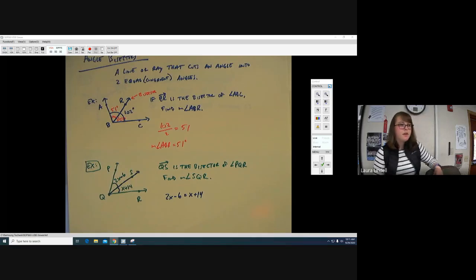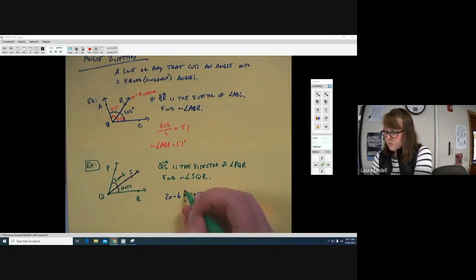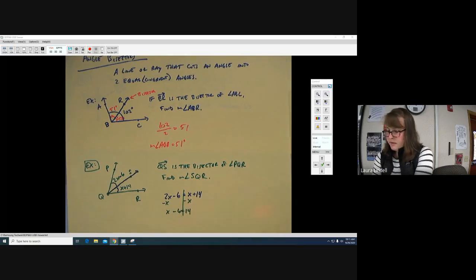Okay. So we set them equal, and then we just solve for x. So minus x on both sides. Plus 6 on both sides.